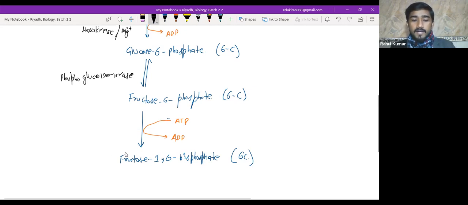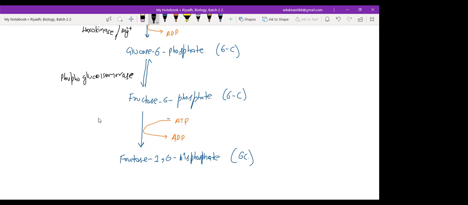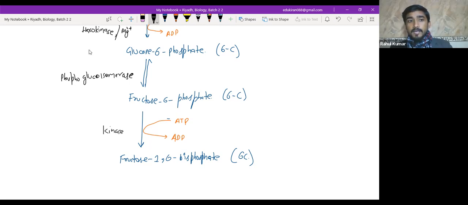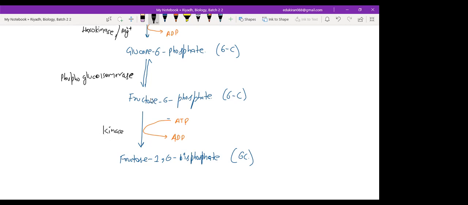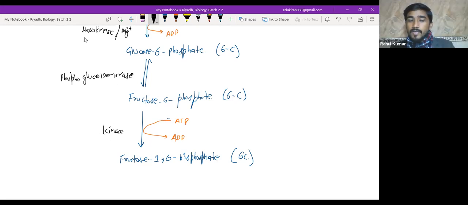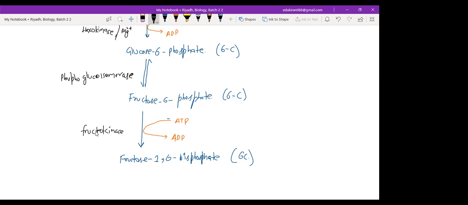Now we have added phosphate. So can anyone guess the name of the enzyme? Phosphates. Kinase adds phosphates. See above, hexokinase added a phosphate. So kinase should be there in the name. Is it clear, everyone? Yes, sir. And this was a glucokinase or a hexokinase. This will be fructokinase. Yes, fructokinase.